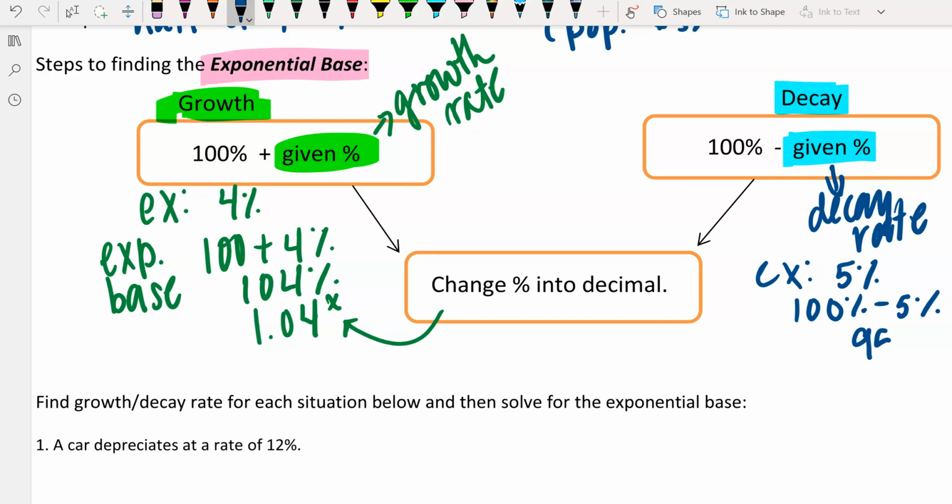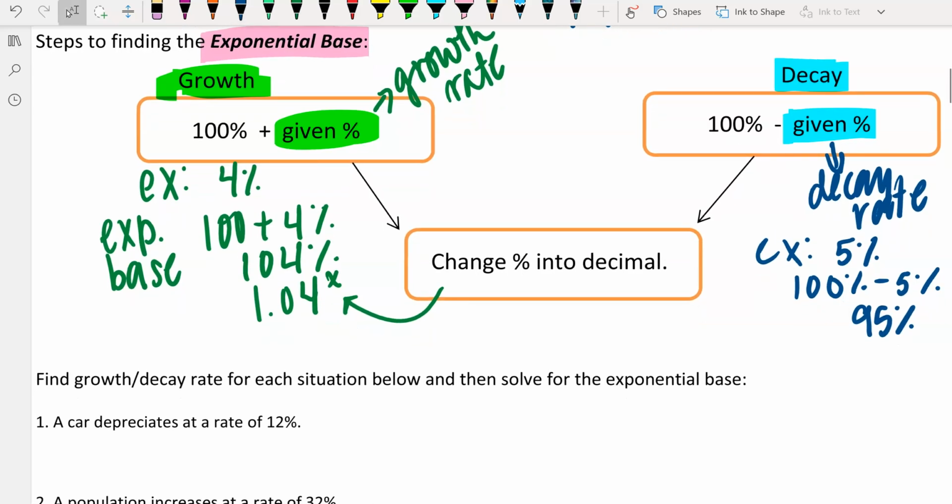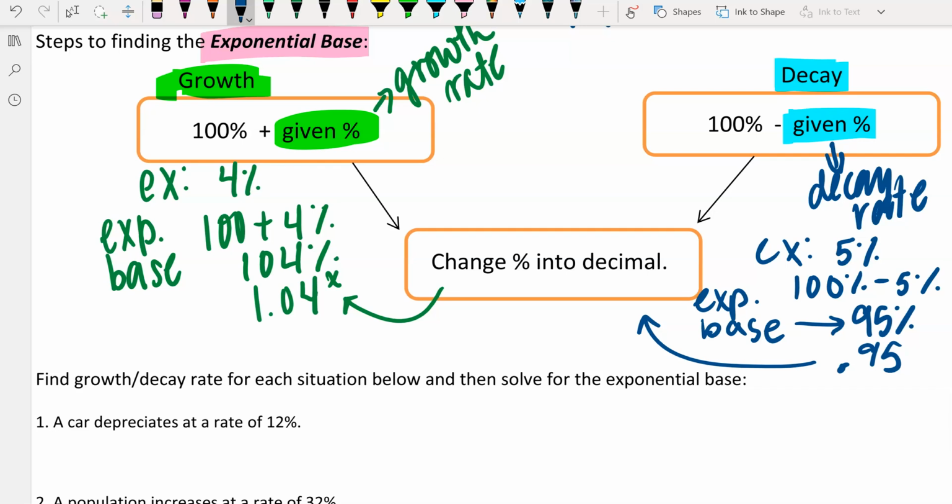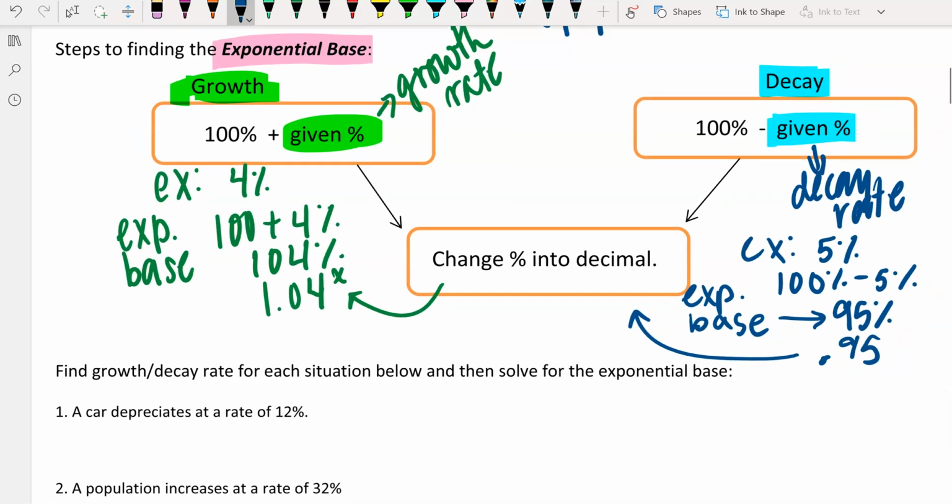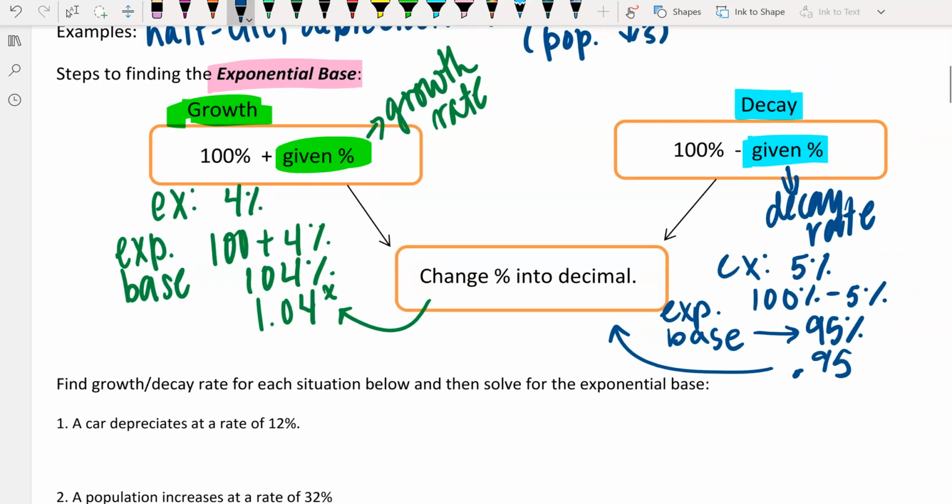So we'd end up with 95. Okay, 95% of the population is left. And that would be your exponential base. So exponential base. And then you turn that base into a decimal, so 0.95, okay, which is that part right there. Okay, so the base, the exponential base, and the rate are two different things. So it's very important you understand the difference between them.